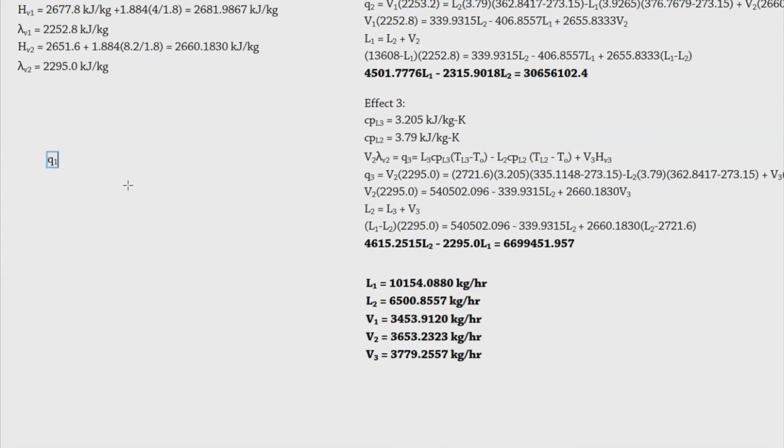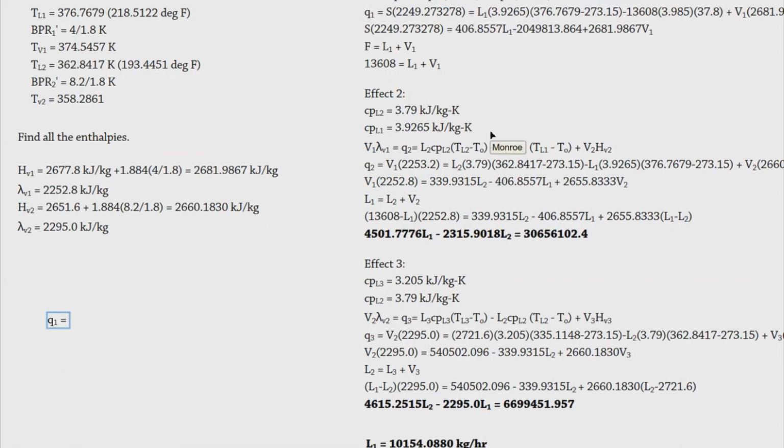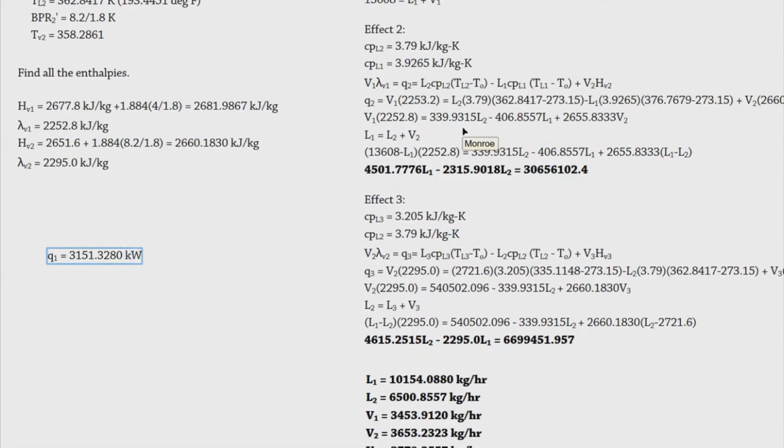So we have Q sub 1 is equal to, you just use the same equation as here. So I'll just be using this one to evaluate for Q1. That's kilowatts. So we have 3,151.3280 kilowatts. And then for Q2, we have 2,161.381 kilowatts.